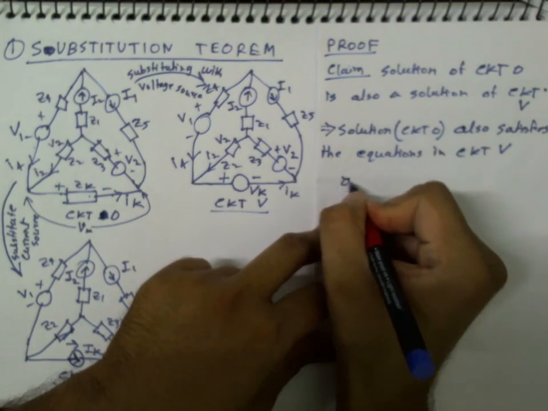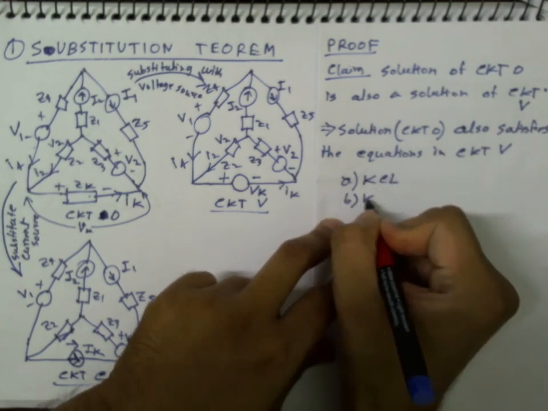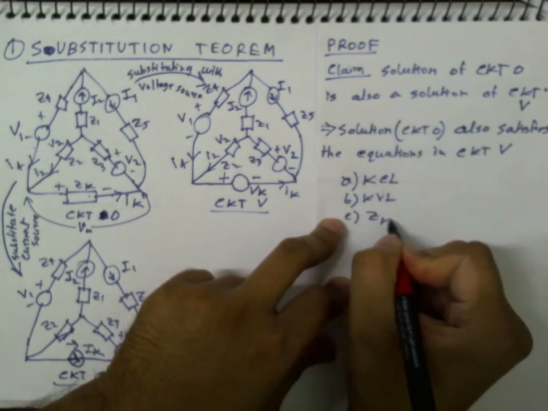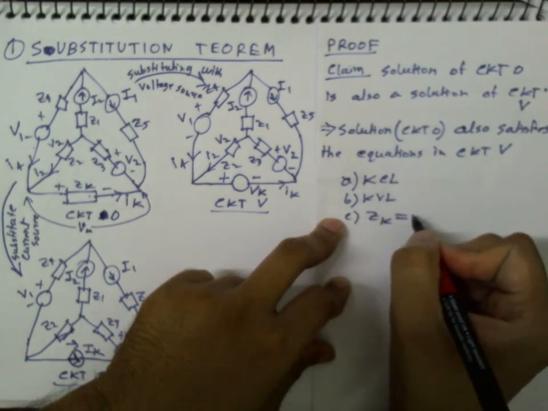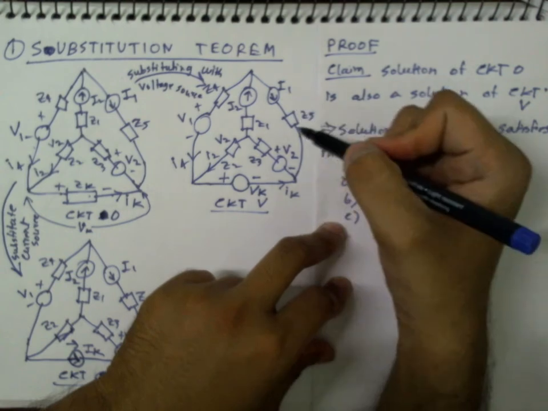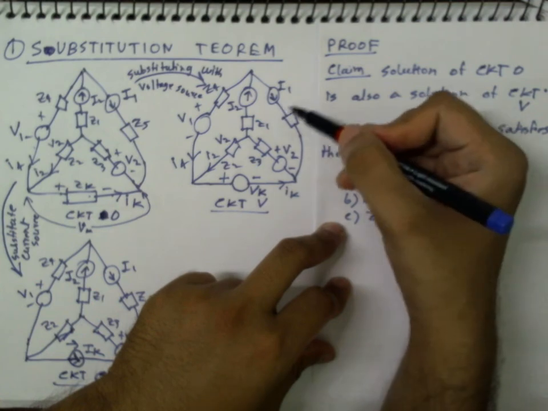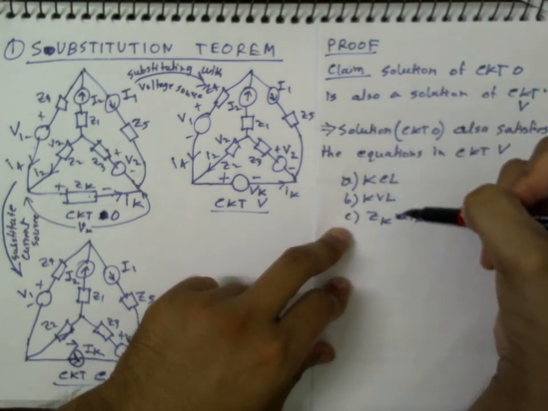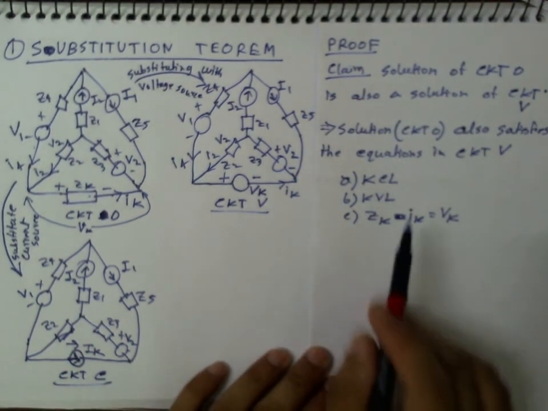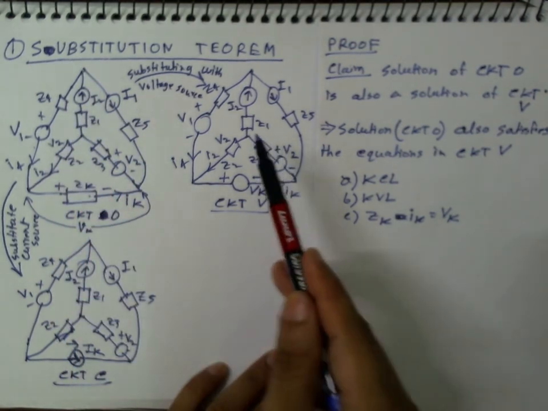Number one, we have already discussed, we have three types of equations: KCL, KVL, and this sort of constraint, like ZK times IK is equal to VK. So for any branch, the potential drop across an impedance would be the product of the impedance and the current through that branch. That's obvious. So this is what we are claiming, that the solution of this circuit also satisfies the constraints in this circuit.